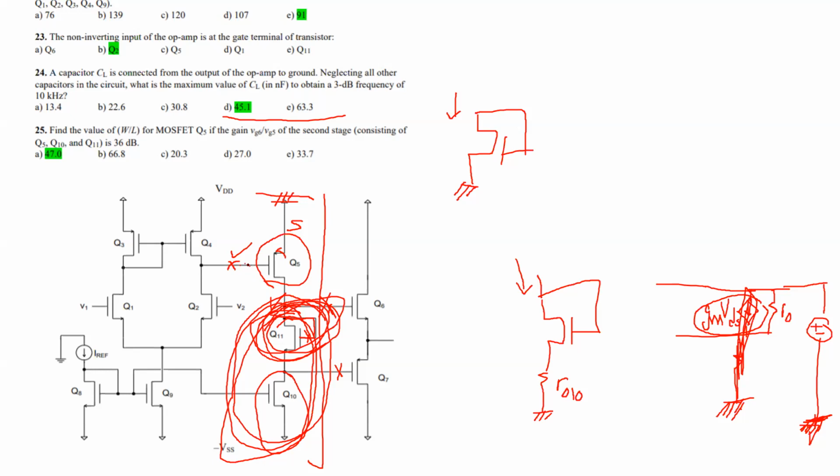So now he's asking us, given the gain, we find gm·ro parallel ro, from gm we get the current, and from the current we get W/L, right? So this is a little bit of a cascaded question. Now the most important thing is to be able to decode what the stages are and where you see the load, where you see other stuff.